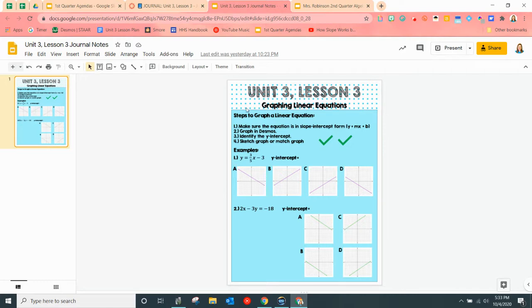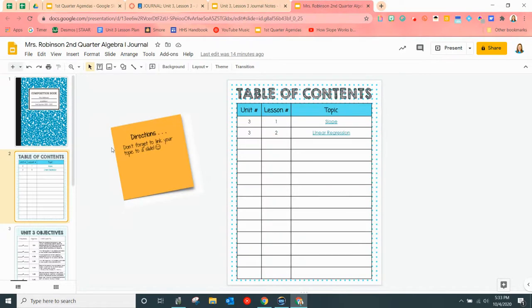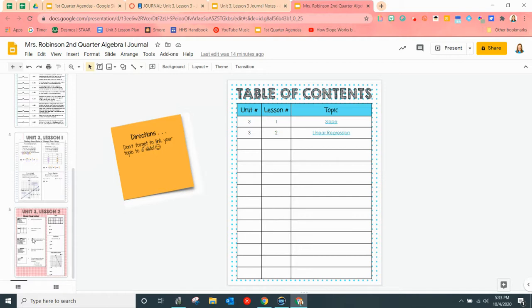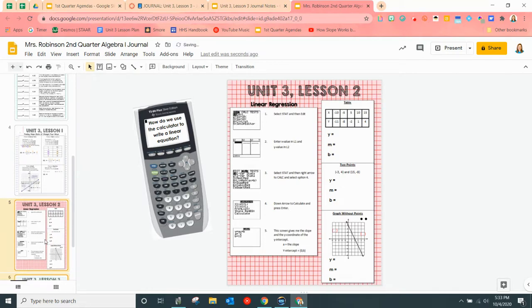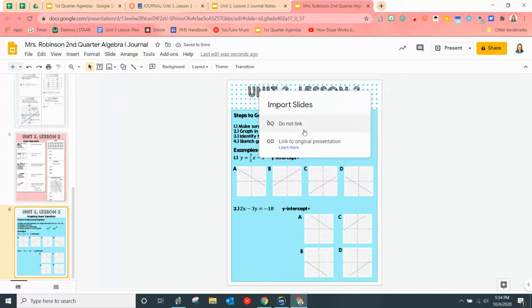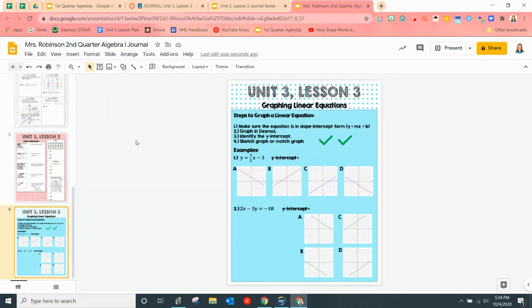Make sure you're on the side. You can't click on the big page. So let's go down to the bottom of the page, and let's hit Control V. I'm going to hit Control V, and it pasted that slide in right there. Notice I hit Do Not Link.